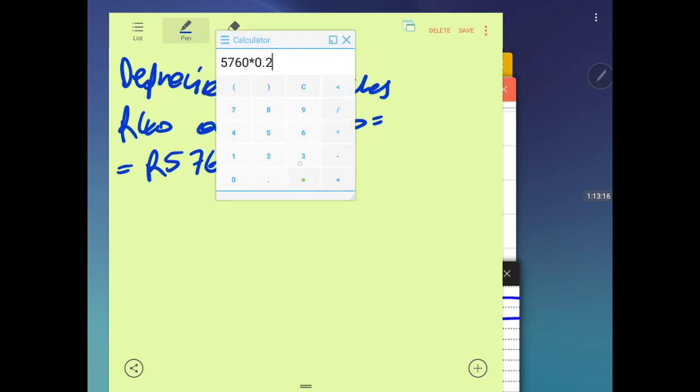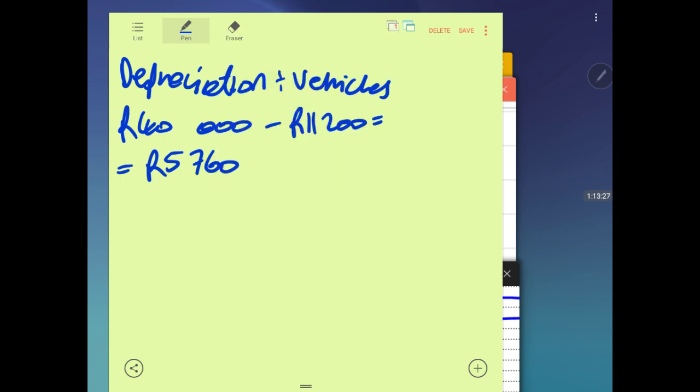Times 0.2, okay, 40,000 minus 11,200 is 28,800. This is 28,800 times 20%, which is 5,760.